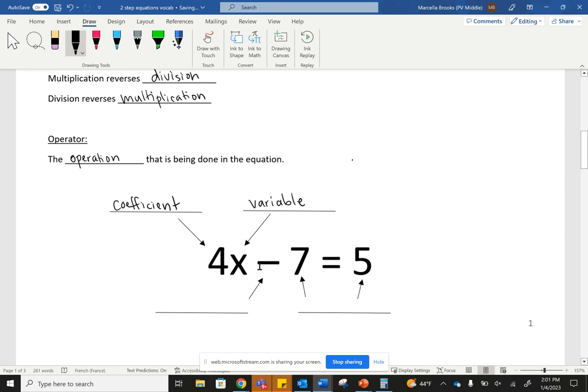This minus sign, that's the operation that we're doing. So it's the operator. The minus sign or the subtraction sign is the operator, not operation. It is the operation, but we're going to use the word operator. The 7 and the 5, those are both numbers that are not going to change. They're going to stay a 7 and they're going to stay a 5. So those are our constants.